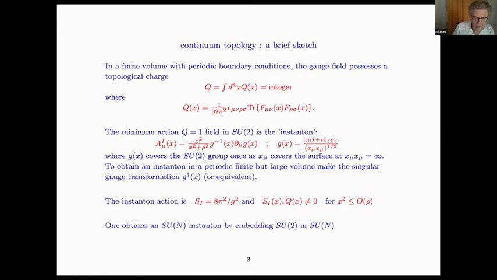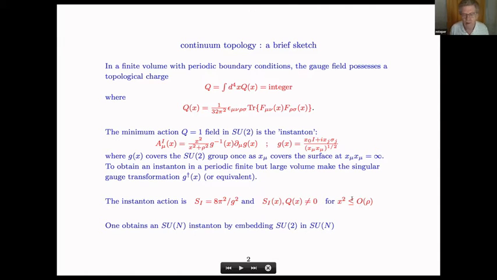So at that point, you can actually put it onto a finite volume. Again, a reminder, the instanton action is known to be 8 pi squared over g squared, and the action and the topological charge density are non-zero essentially within this core, which is on the size scale rho.